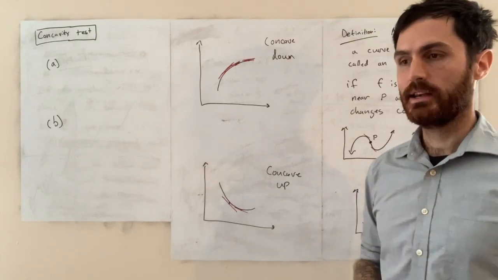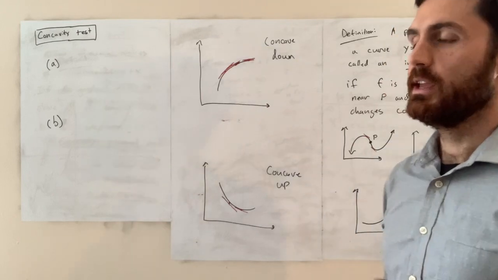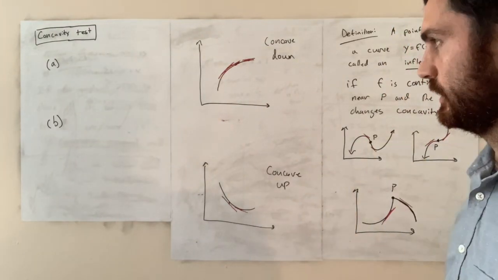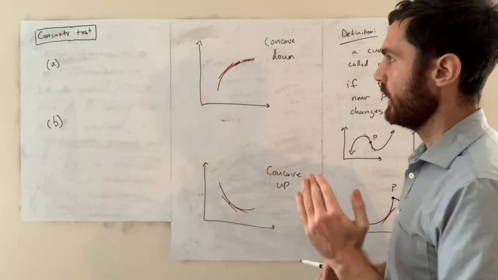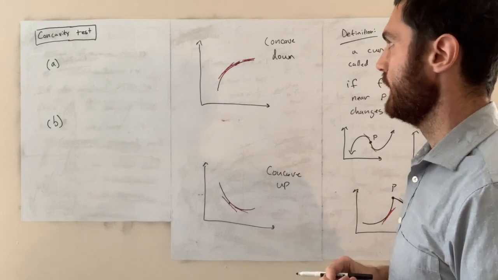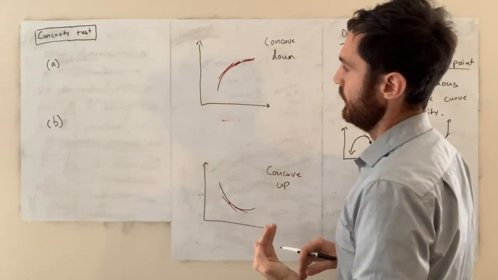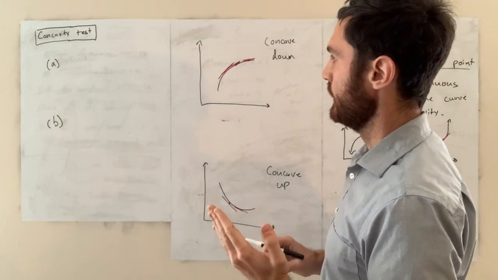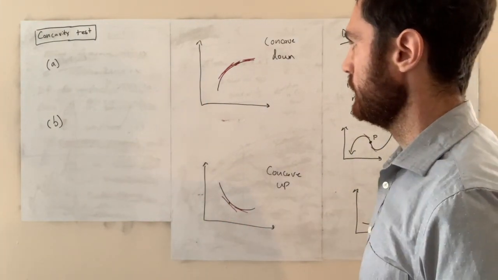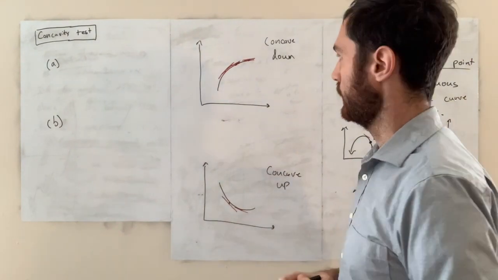What we mean by that is, if you think about the way the derivative is changing, the way these tangent lines, the rate of change, are they getting bigger or are they getting smaller? What I mean is the slopes of the tangent lines.